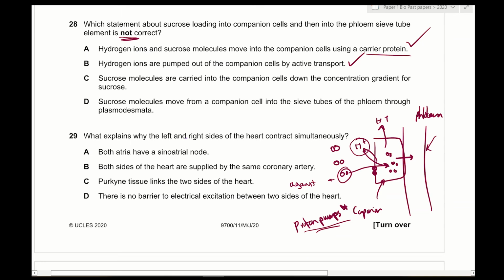The reason for this is because we said that adjacent mesophyll cells synthesize sucrose, and therefore there's a higher concentration of sucrose outside the companion cell, and they moved into the companion cell through that co-transporter protein against the concentration gradient, so not down the concentration gradient. This is incorrect. Therefore, this is the incorrect suggestion, and the answer is going to be C.